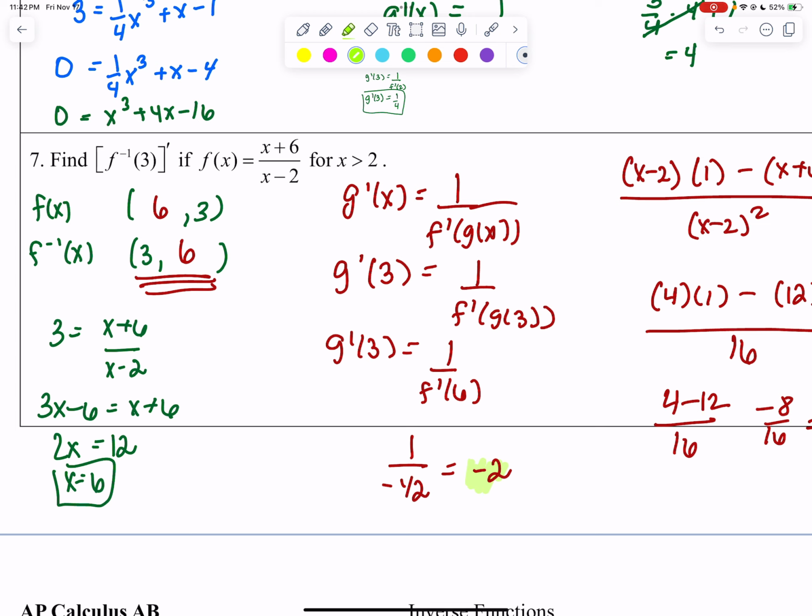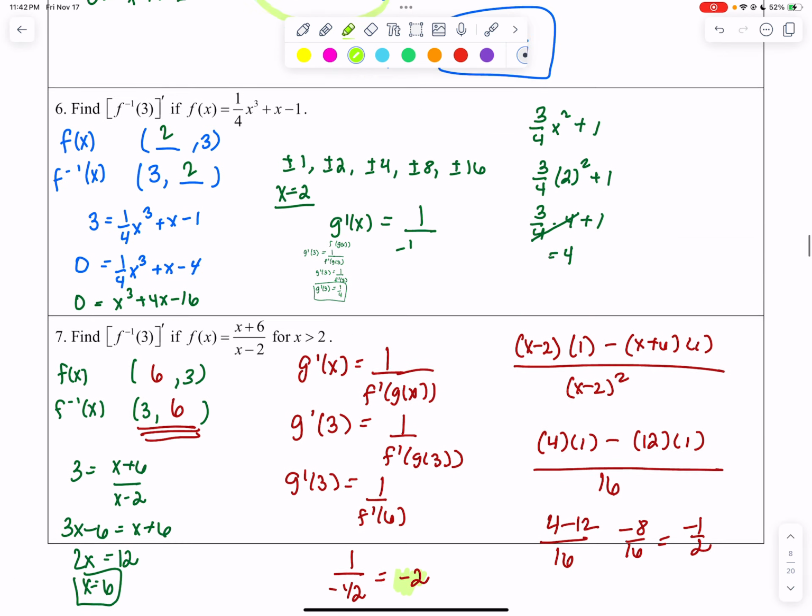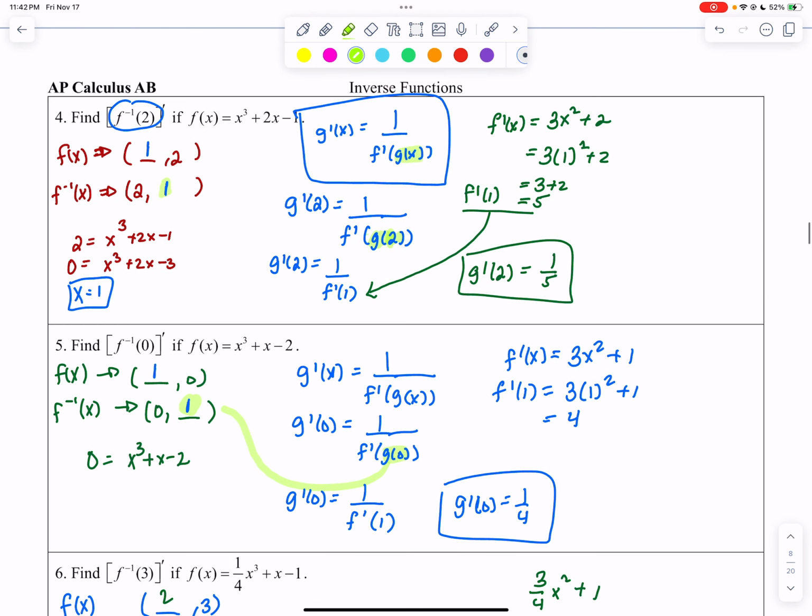Now, if you can't switch x and y and then solve for y and take the inverse derivative, then obviously just do the steps that I've outlined for you, where you solve for x by substituting in y into your equation.